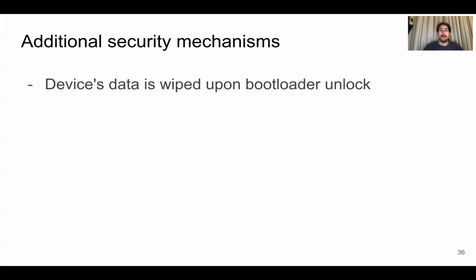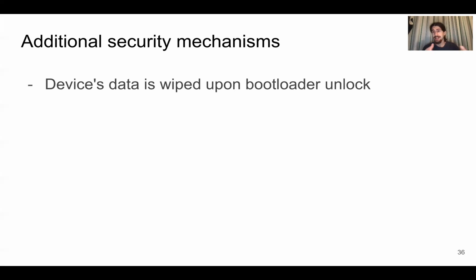That's done so that if somebody managed to steal your phone, and somehow went through the unlock mode, they cannot just unlock, push a modified version of Android, and then use it to steal your data. So again, these are security mechanisms so that the impact of a potential unwanted unlock is not as dangerous as it would be without wiping the data.